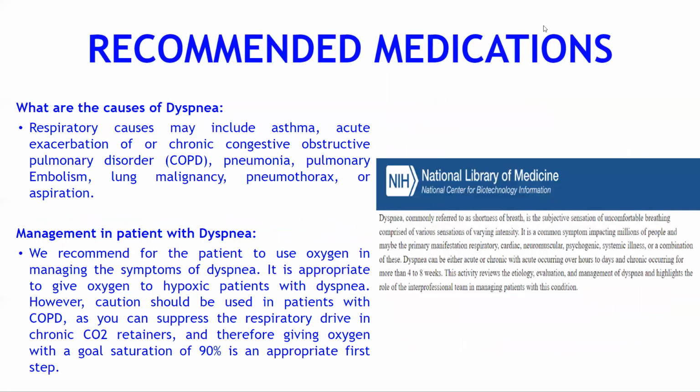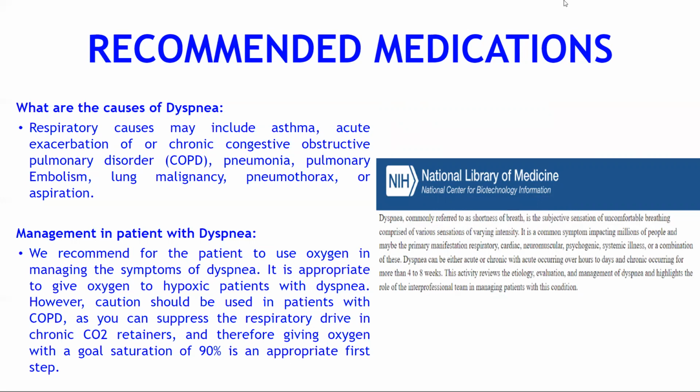So we have the recommended medication for the dyspnea. So what are the causes of dyspnea? Respiratory causes may include asthma, acute exacerbation of chronic obstructive pulmonary disorder, pneumonia, pulmonary embolism, lung malignancy, pneumothorax, or aspiration.